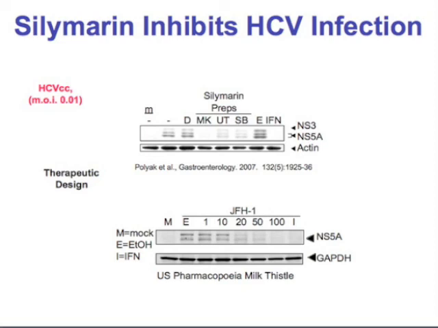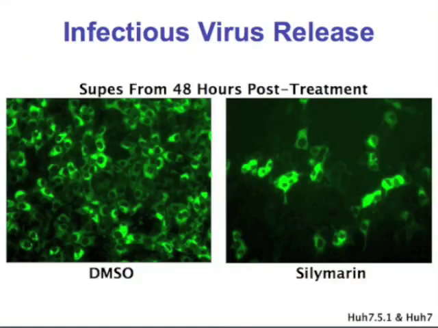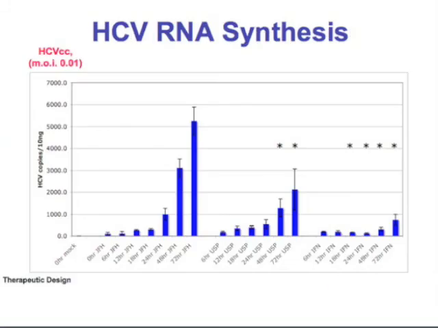You can also buy this stuff commercially from the gold standard of chemicals in this country, U.S. Pharmacopoeia. And you can see that silymarin or milk thistle extract causes dose-dependent suppression of virus infection. And that not only involves inhibition of viral protein expression, but, as detected by real-time RT-PCR, an inhibition of HCV RNA production.